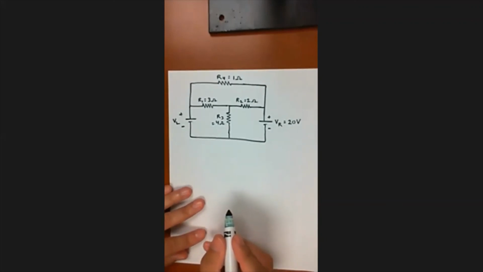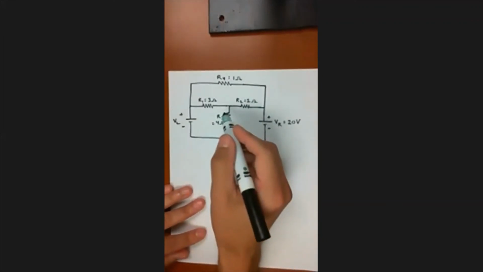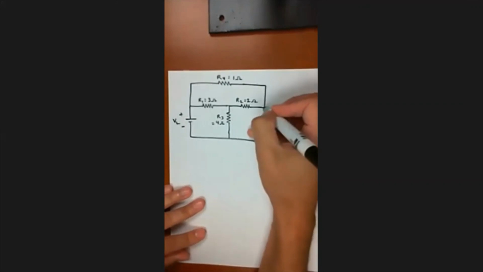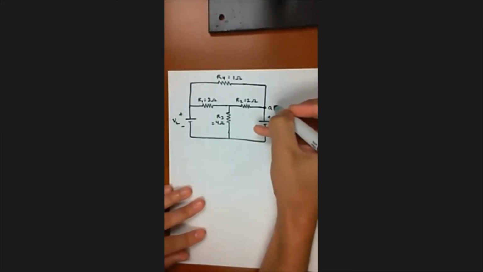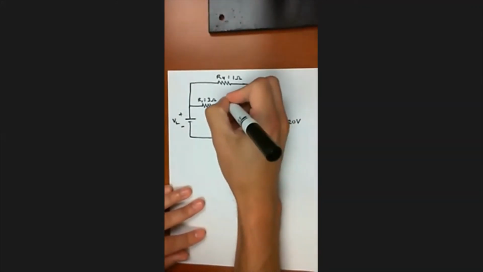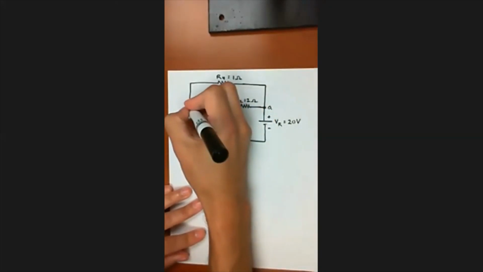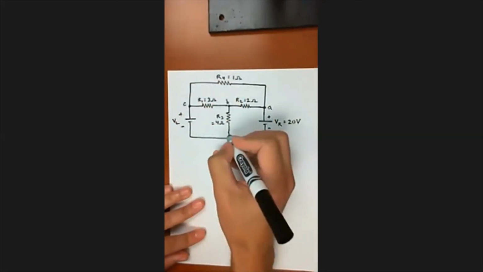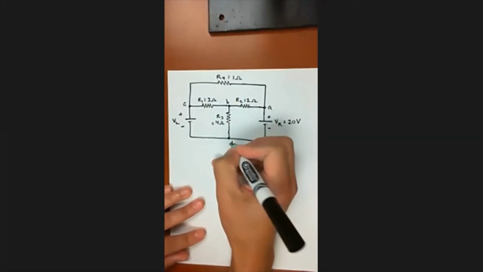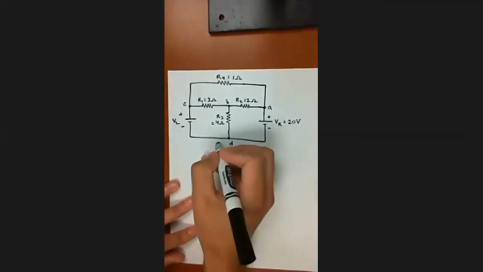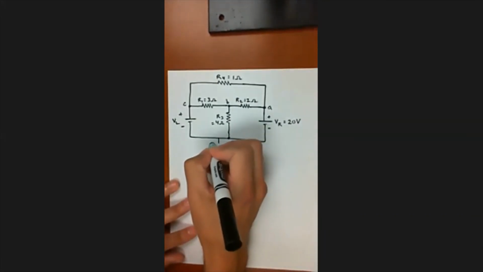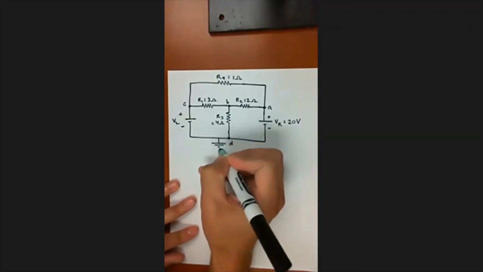And your givens, let me give you some nodes also. This is going to be node A. This is going to be node B. This is going to be node C. This is going to be node D. And I'm going to tell you that ground is here.